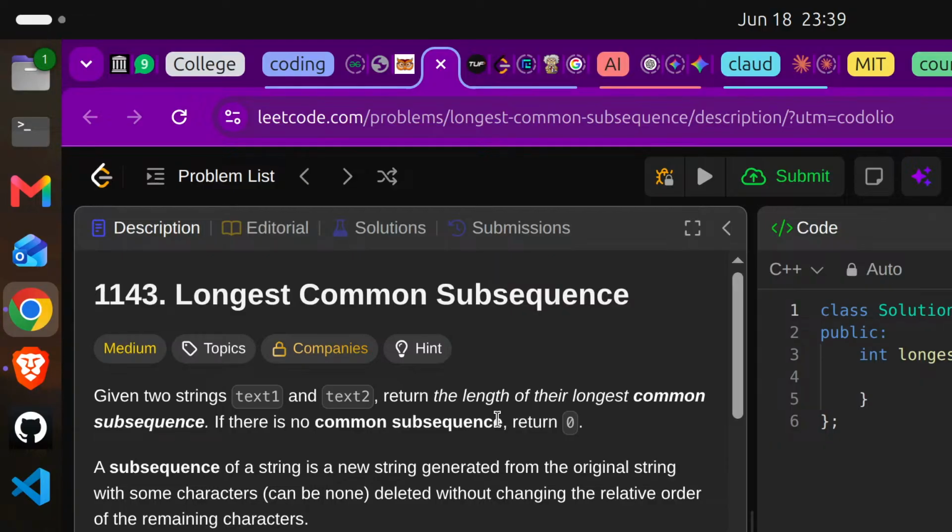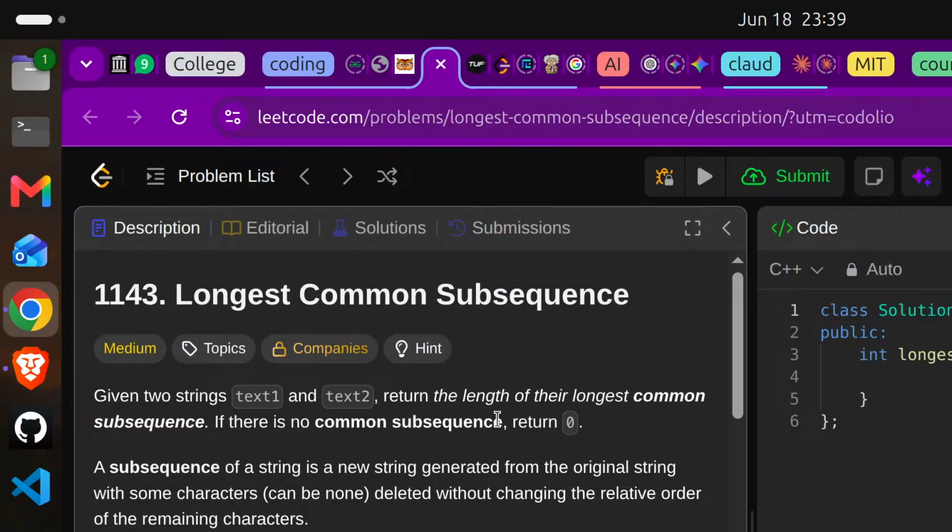For i equal to 1, i less than or equal to n, i plus plus, for j equal to 1, j less than or equal to m, j plus plus, if s1 of i is equal to s2 of j, then dp of i comma j is equal to dp of i minus 1 comma j minus 1 plus 1, right?